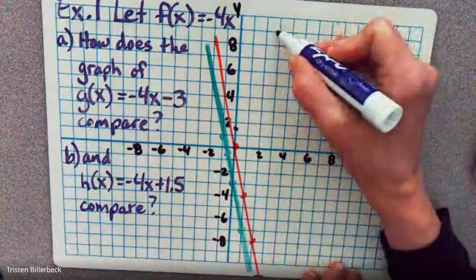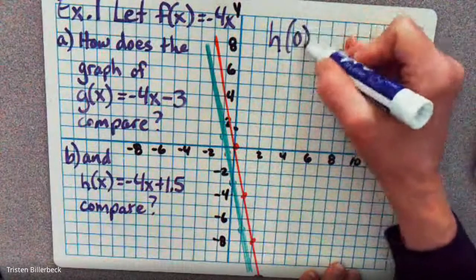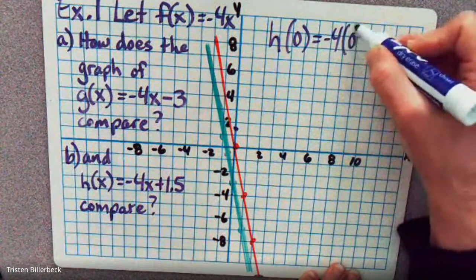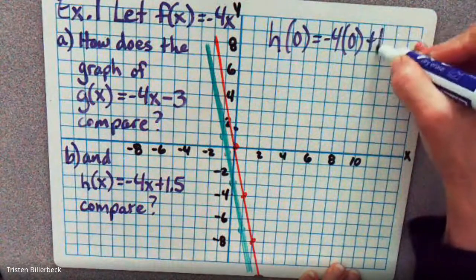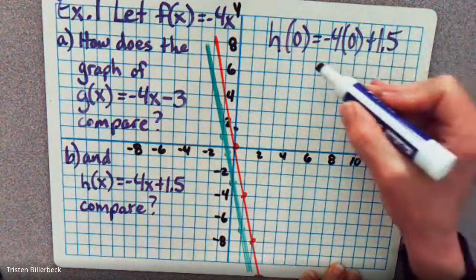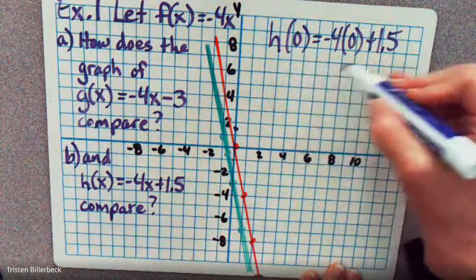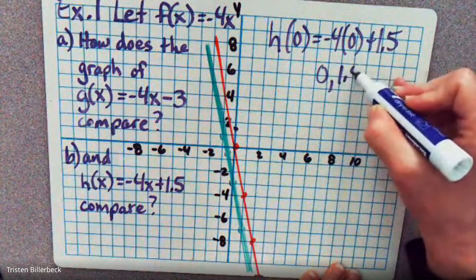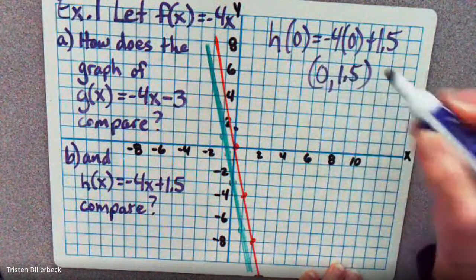If we did h of 0 equals negative 4 times 0 plus 1.5, we would have (0, 1.5) as our y-intercept.